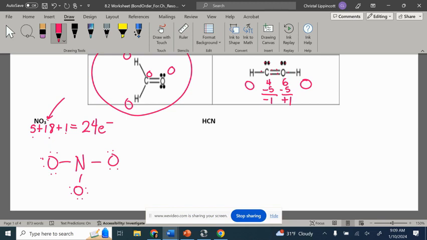I'm not going to have enough for the nitrogen. So what do I need to do? Double bond. So I'm going to double bond here. And then the last part of this drawing, because this is a polyatomic ion, we have to show that charge. We use square brackets and we put the charge outside of it.